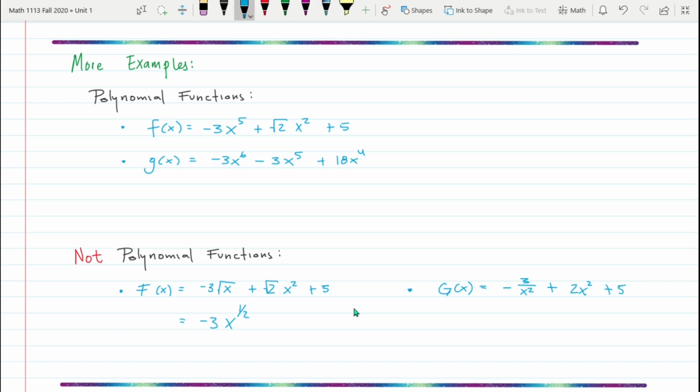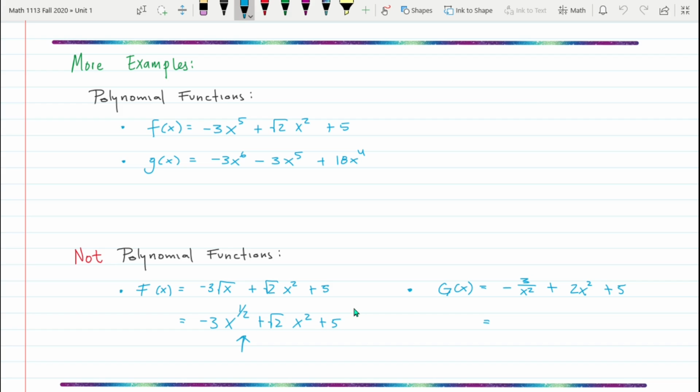So square root is the same thing as the 1/2 power. Just because this one right here has a power that is not an integer, it is not a polynomial. That's why.